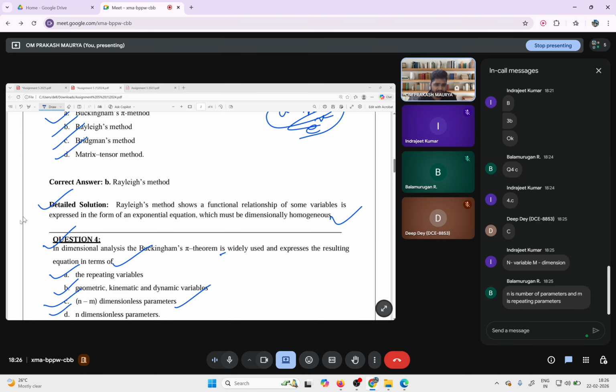Okay, and Indrajit is telling n is variable and m is dimension. Okay, if you do not know, please you can just Google and try to get the exact answer. No issue. Anyway, this is a discussion class, so you can use it, no issue here.